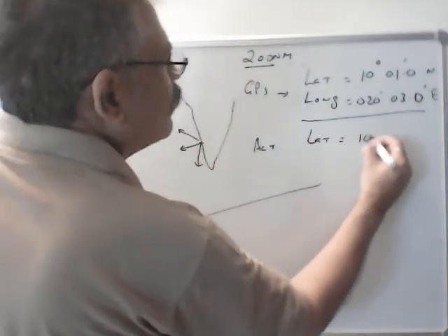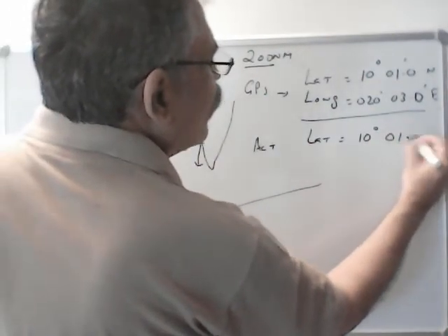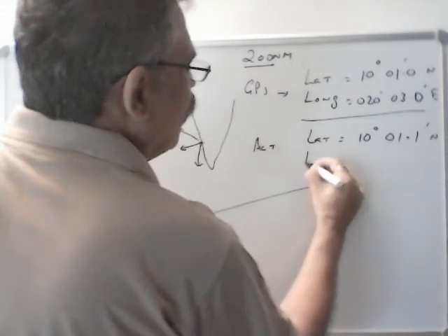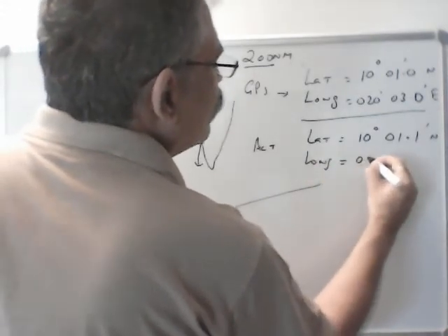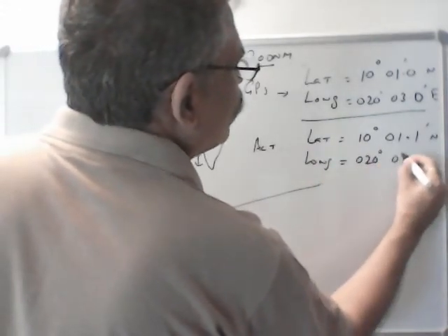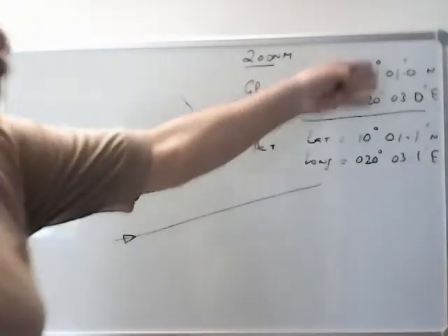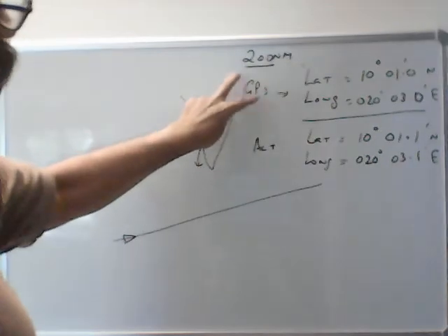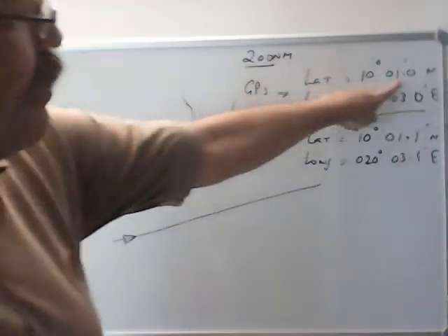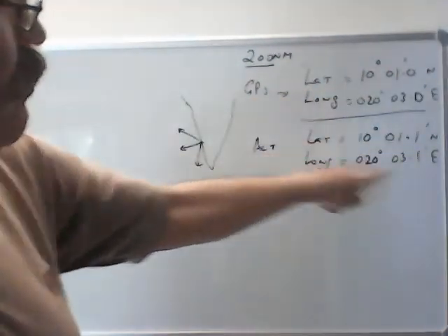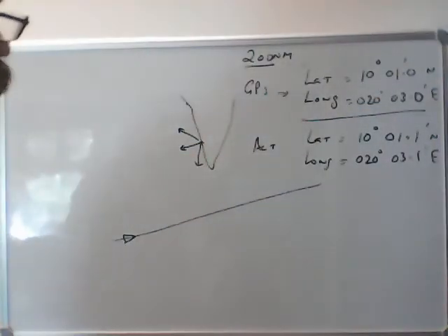Let's say 01.1 and longitude 02 degrees 03.1. So as you can see, this GPS which is at the transmitting station has got an error of 0.1 in latitude and 0.1 in longitude.